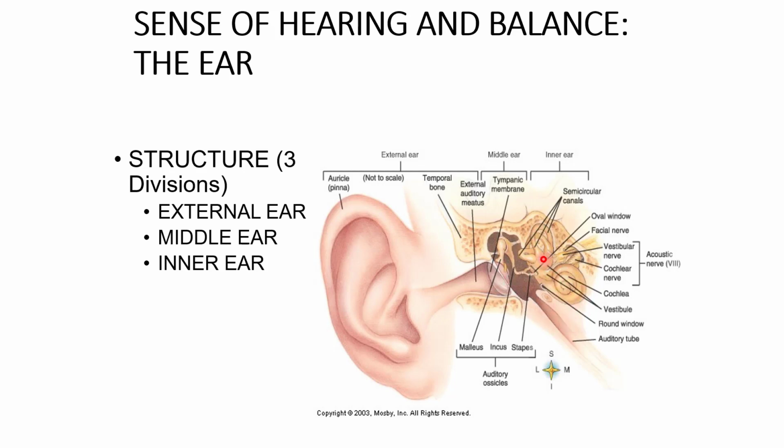That inner part is the membranous labyrinth, and the outer part made of bone is called the bony labyrinth. The bony labyrinth is like a house, housing some soft, delicate membranous structures responsible for hearing and for equilibrium.